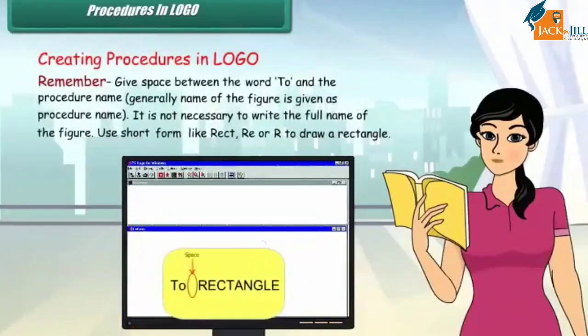Remember, give space between the word TO and the procedure name. Generally, name of the figure is given as procedure name. It is not necessary to write the full name of the figure. Use short forms like RECT, RE or R to draw a rectangle.